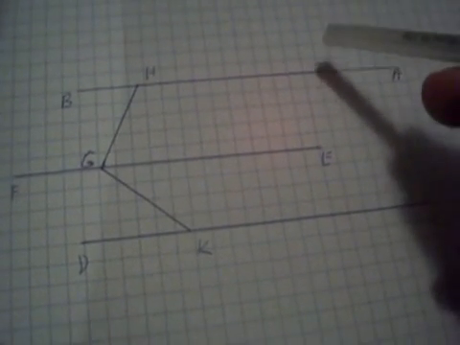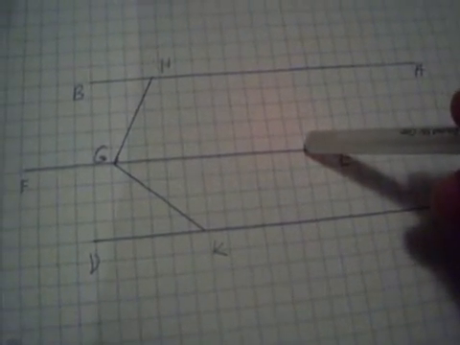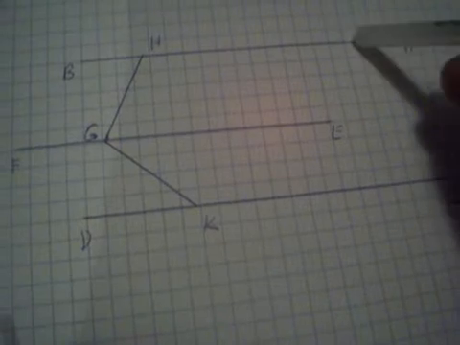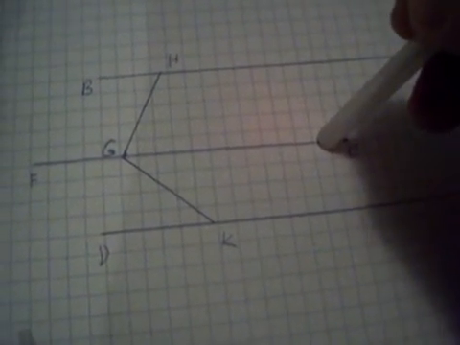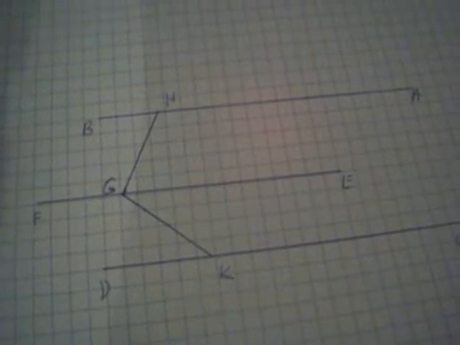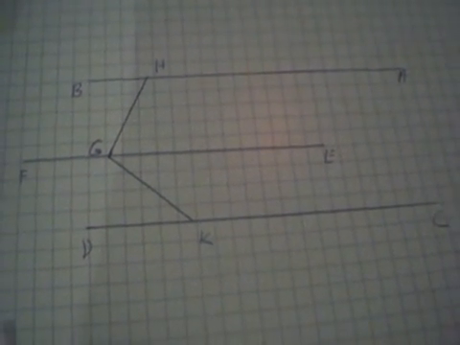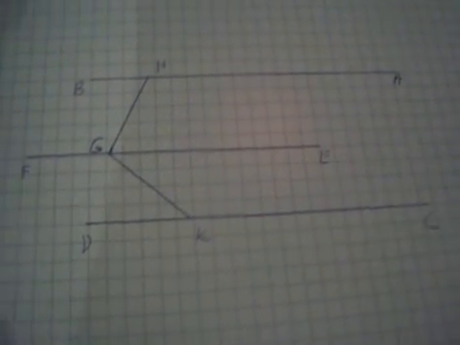We've already established that these two lines are parallel to this one right here, and these two lines are not in the same plane as this one is. I say that AB is parallel to CD. So we're going to say that AB here is parallel to CD here.